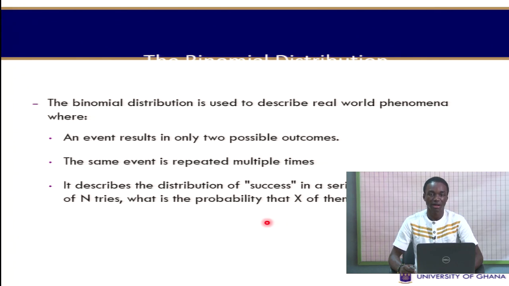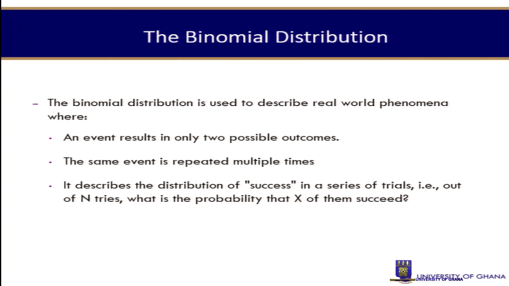So, we have some types of random variables. We mentioned that there are certain discrete random variables that we would want to look at and certain continuous random variables that we want to look at. And for the discrete random variables, we are looking at the binomial distribution, the Poisson distribution, and the hypergeometric distribution.